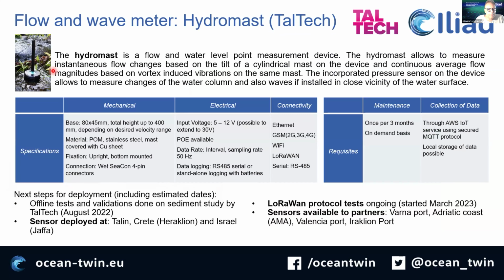So in parallel, it also has a pressure sensor, so it measures waves, not only currents. And it is one of the systems that I think can be extensively used in digital twins, since it has a cost of €100.